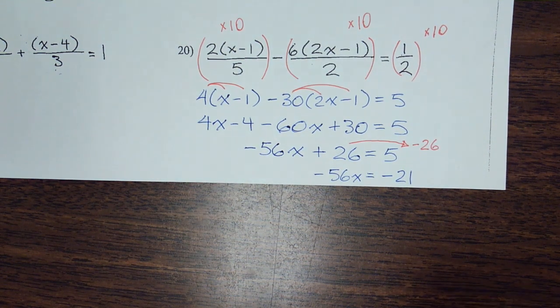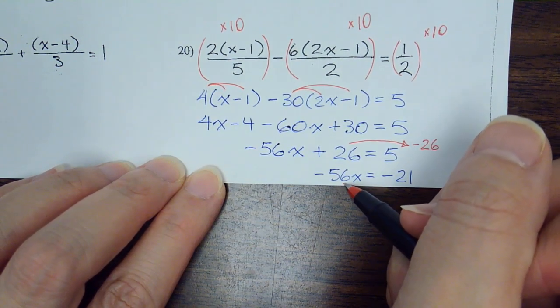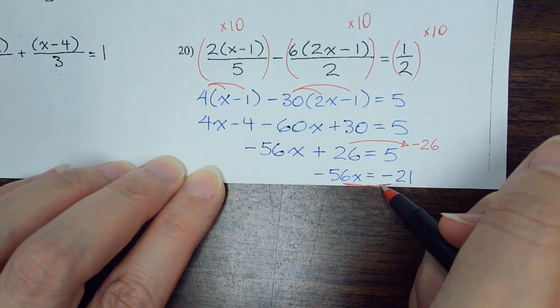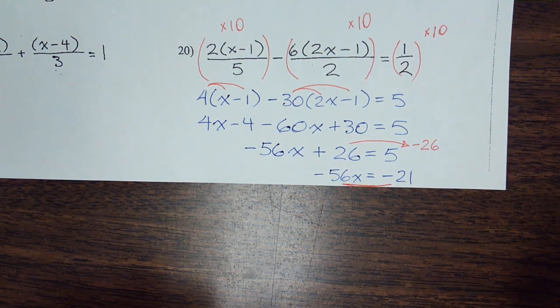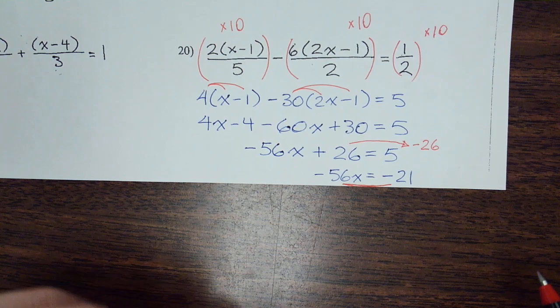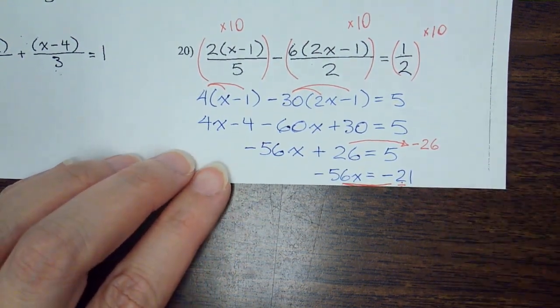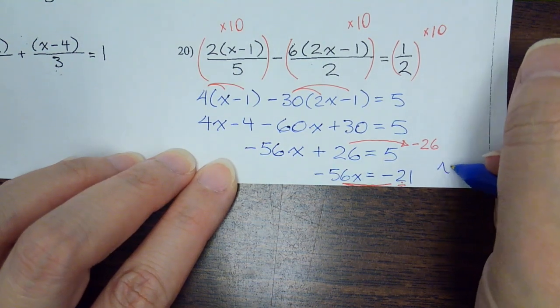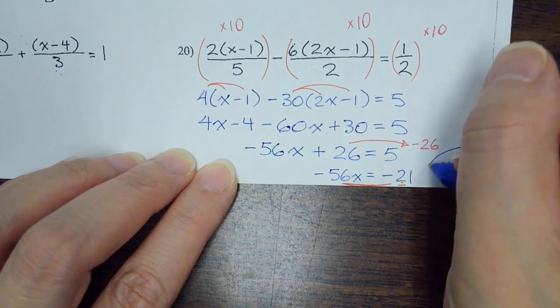Now what do I do with that, with this negative 56? What do I do with it? Yep. Not multiply. Divide. Yeah, and 2 negatives make a? Good. So my final answer, x equals 21 over 56.